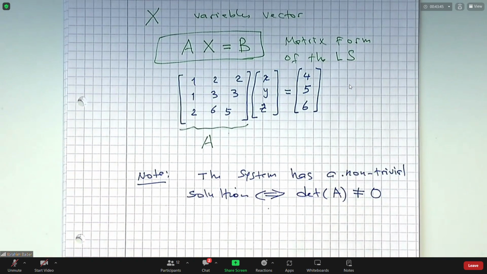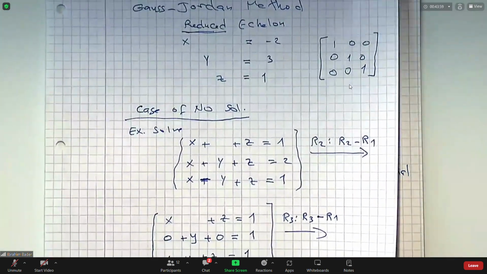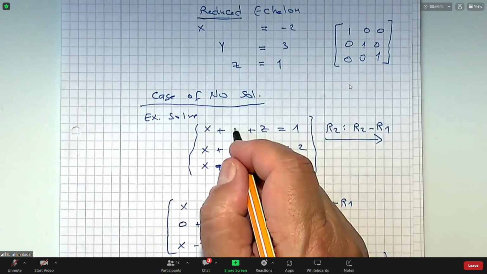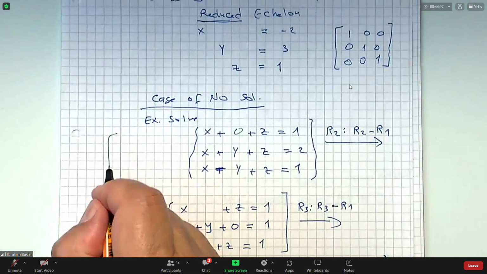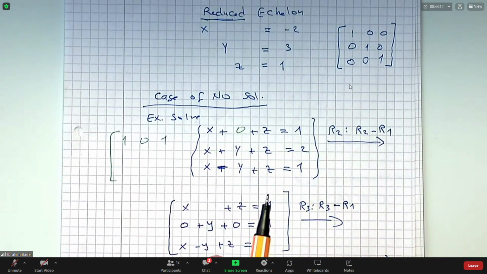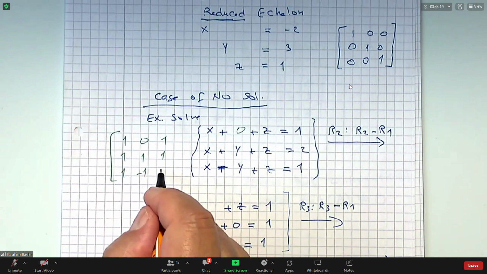That means in the previous example, let me show you, where is it, the previous example here. Yeah, in this previous example, we didn't get a solution. If you consider the matrix for this one, it will be 1, 0, 1, 1, 1, 1, 1, minus 1, and 1.